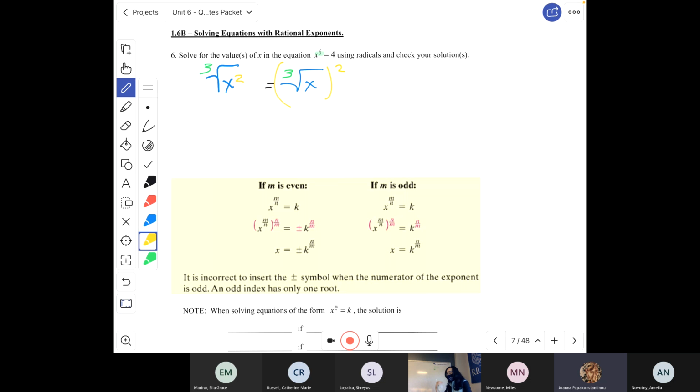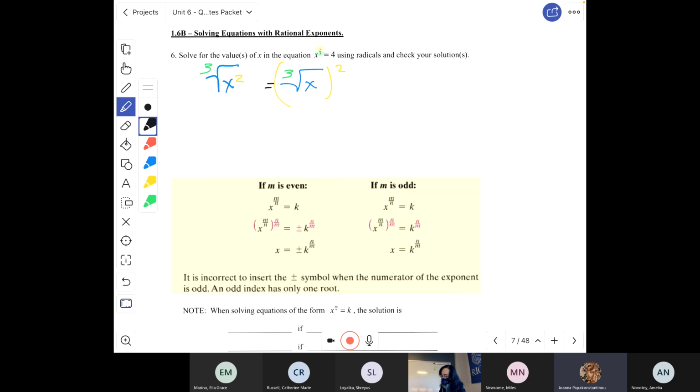Now, there are different ways we can approach this problem: solve it using rational exponents, or solve it in radical form. It doesn't make a difference because algebraically they're equivalent.